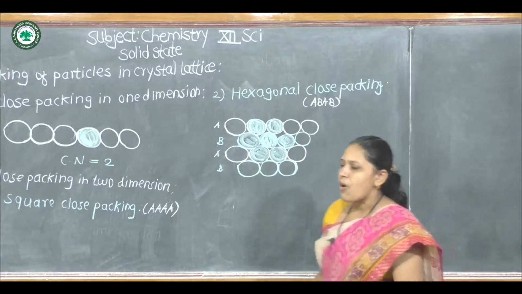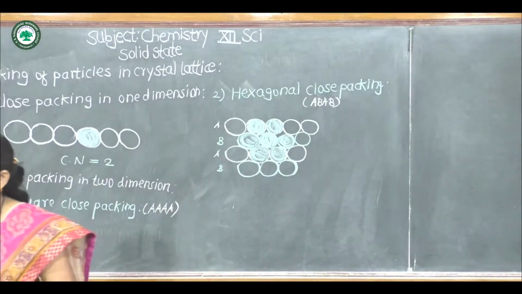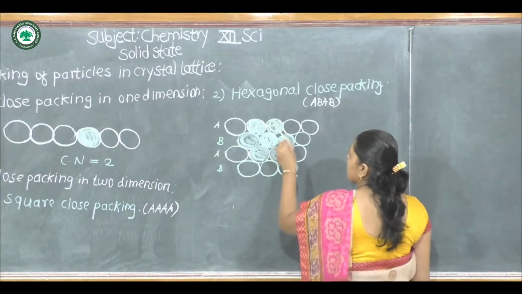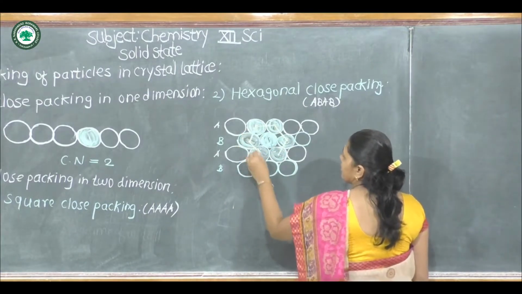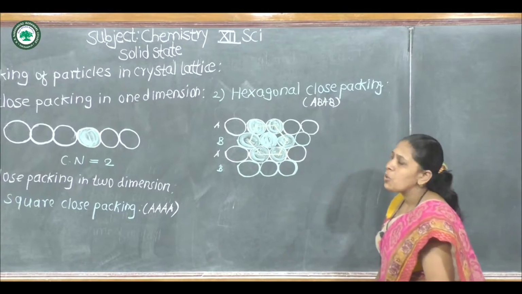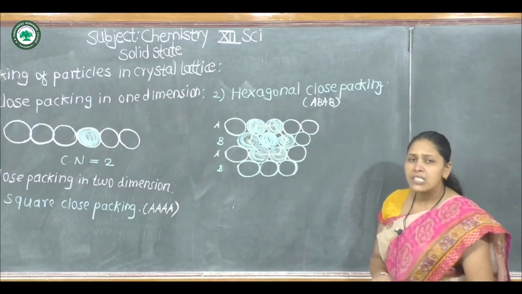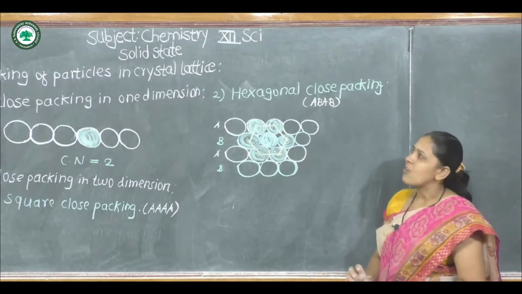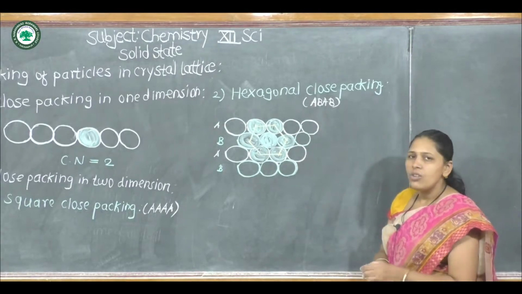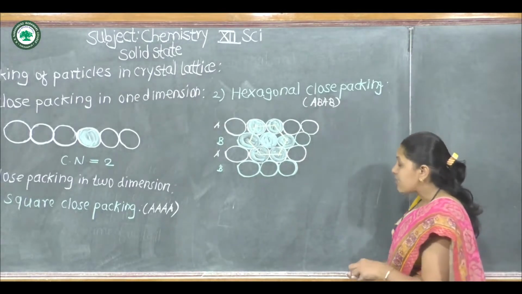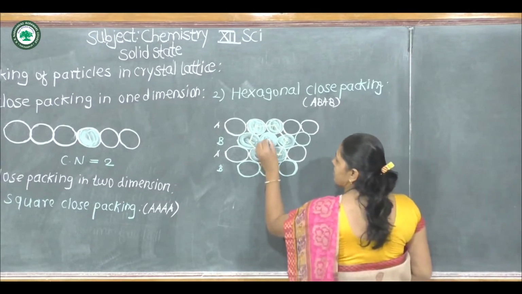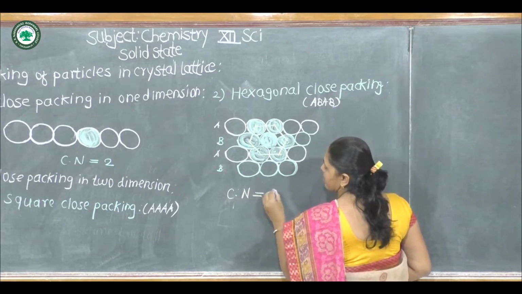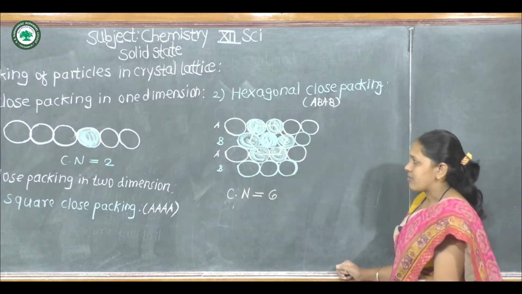Therefore, it forms a hexagon. Due to the formation of this hexagon, this type of close packing is called hexagonal close packing. The coordination number of the central sphere is equal to 6.